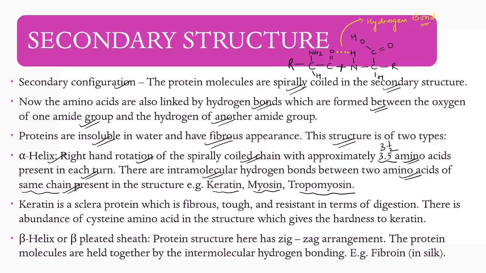Yeah. So the alpha helix has intramolecular hydrogen bonding between two amino acids of the same chain. Examples are keratin, myosin, and tropomyosin.